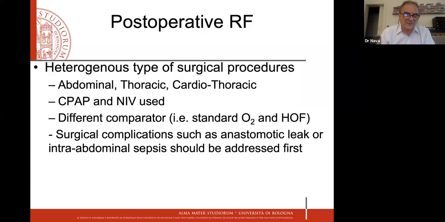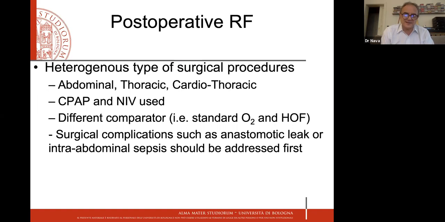Postoperative respiratory failure. Well, once more, there are tons of studies, but the risk of bias is pretty high. I didn't want to mention all the studies and the funnel plot because it's a mess, really.